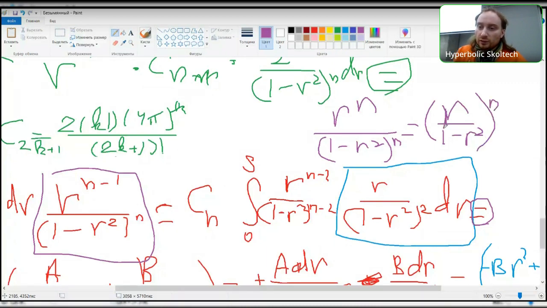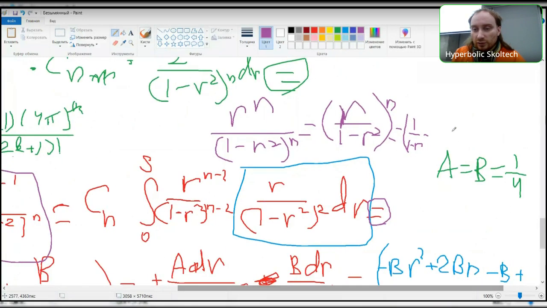And this equals 1 over 1 minus r, 1 minus r, minus 1 plus r, 1 divided by 1 plus r, power n.